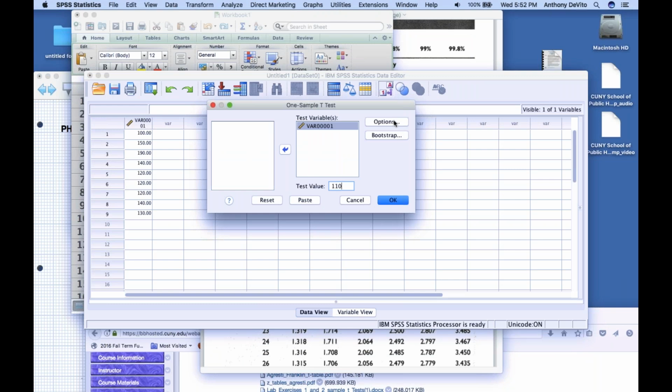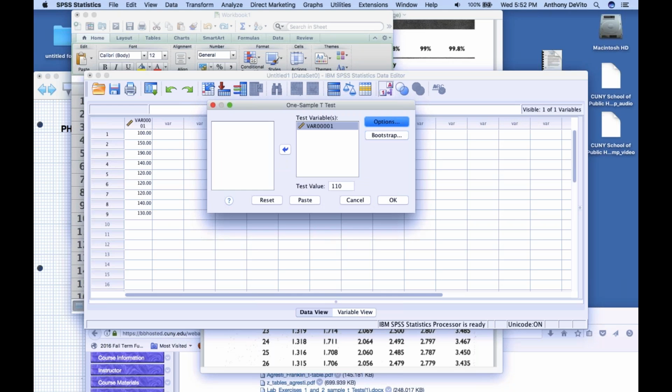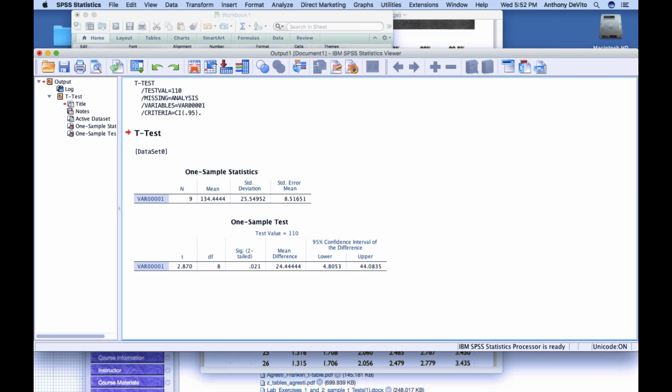And I'm going to click on options. And in options, I can see that the confidence interval it's going to work with is 95%. So that is associated with a 5% chance of being wrong. So let's leave that just that way. I'm going to say okay, the output window is going to open up, and hopefully we'll see some familiar numbers.